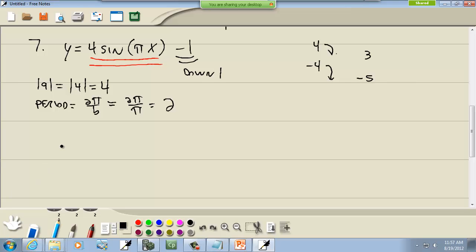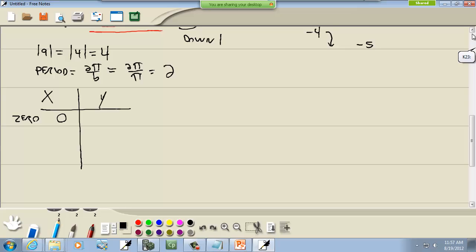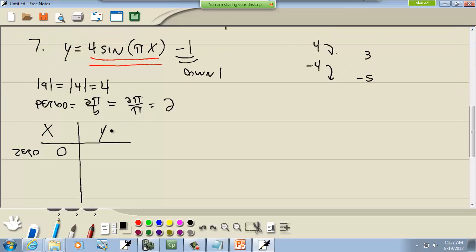Well, let's build our t-chart. Again, this is always 0. And let me just write this down. 4 sine of pi x.